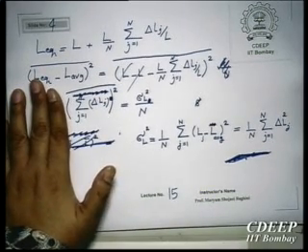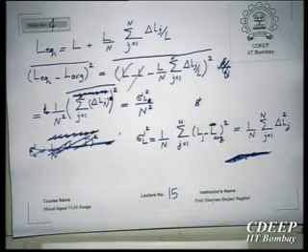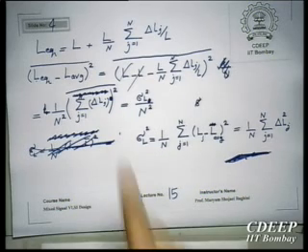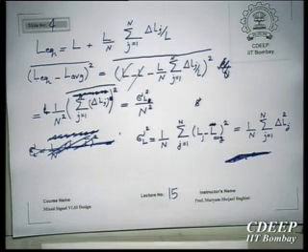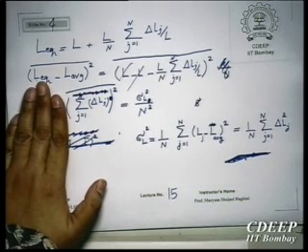This will be sigma, therefore it will be upon n square. Anyway, after all, this will be sigma L square, right?